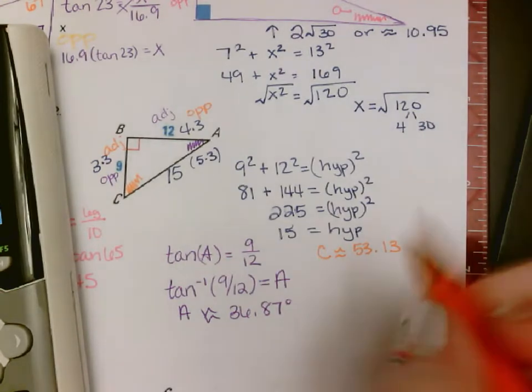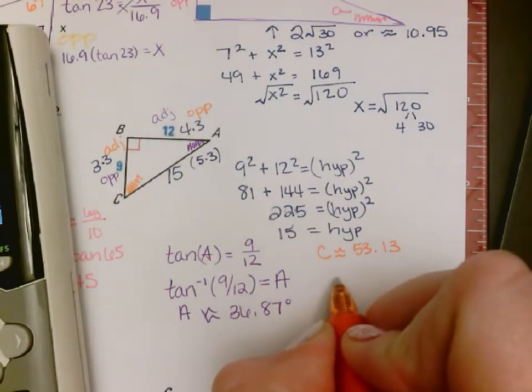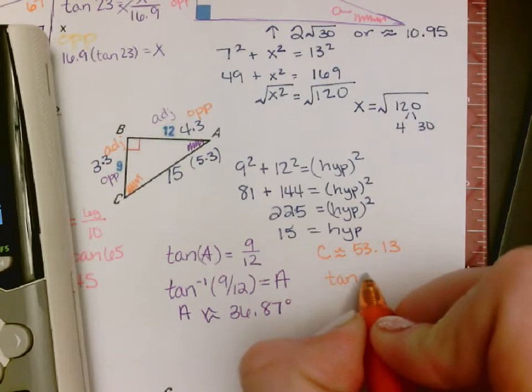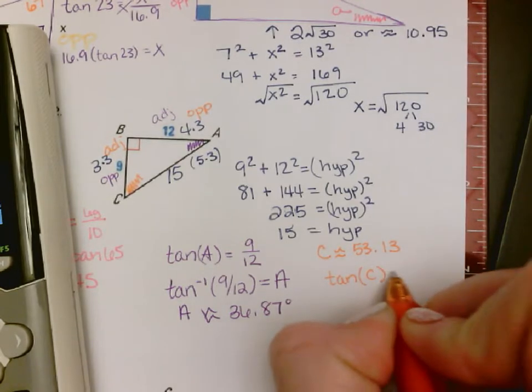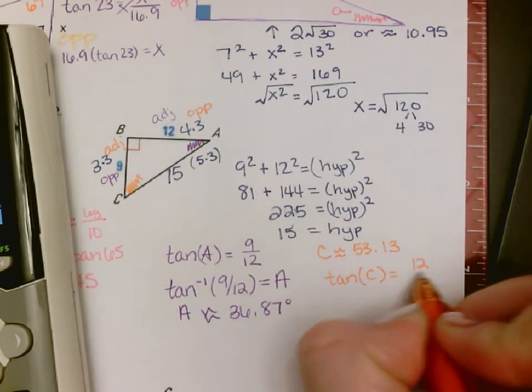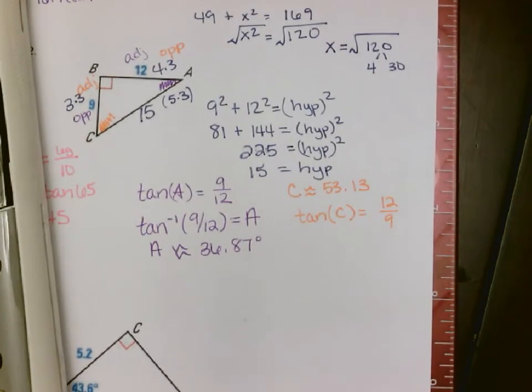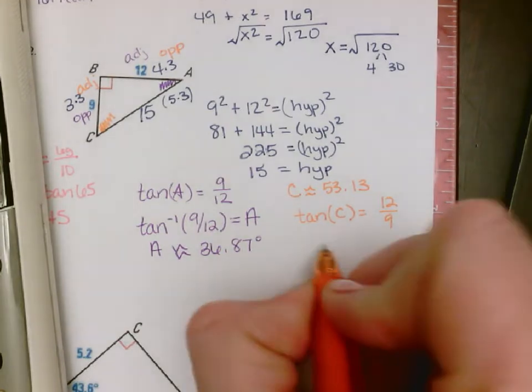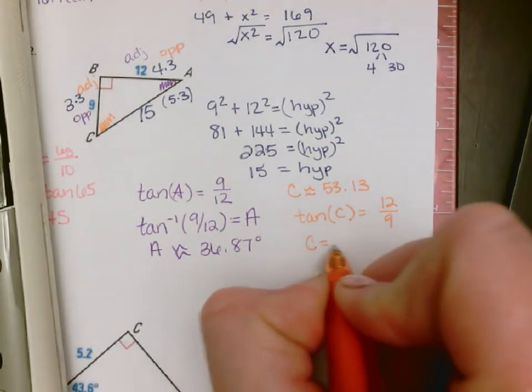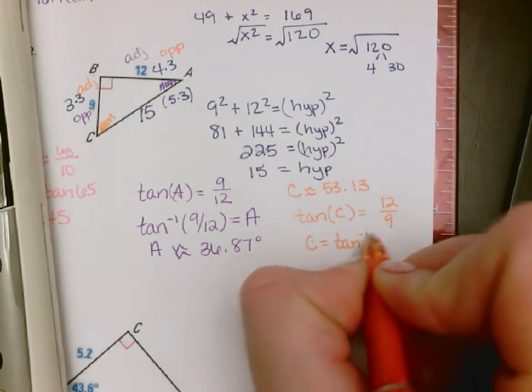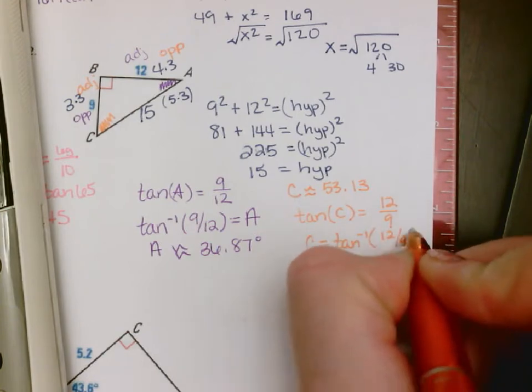So with that, I'm still going to do tangent of C is equal to 12 over 9. To undo the function of tangent, I'm going to take the inverse. So C is equal to tangent inverse of 12 divided by 9.